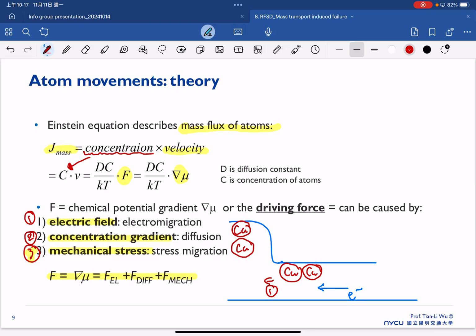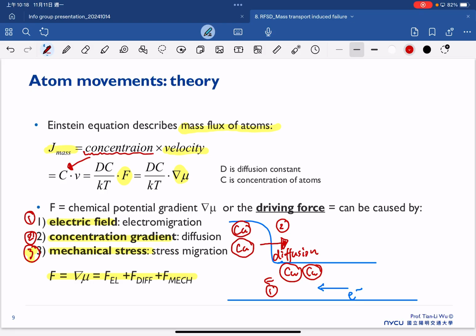But there's always a fundamental mechanism that atoms, everything, will try to move from the high concentration region to the low concentration region. That's what we call diffusion. Because right now we have a large concentration of atoms here, diffusion will definitely happen. So we can expect the copper will try to diffuse back to the right. So this is our diffusion mechanism.